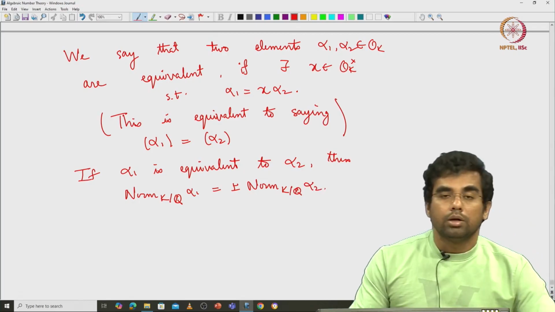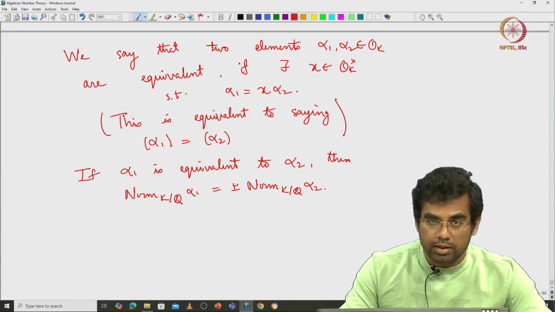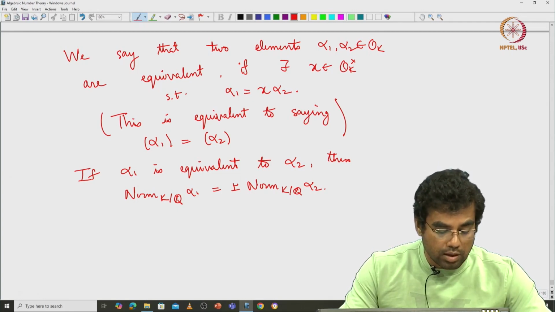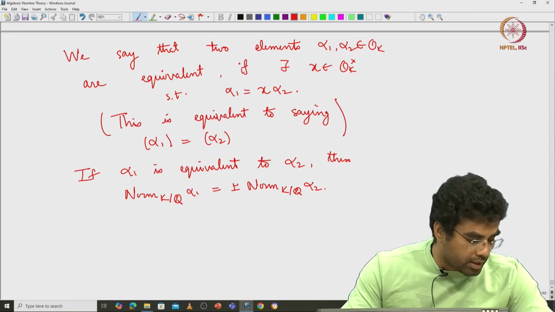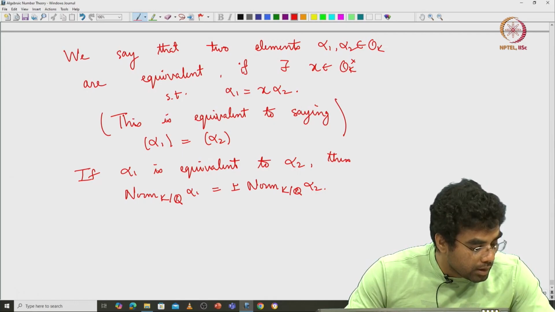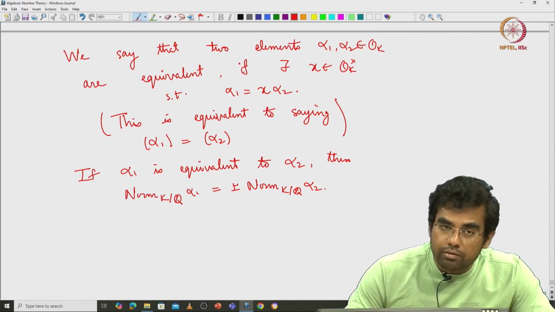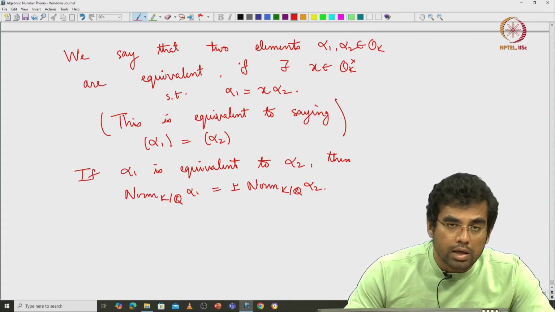That is because the ratio of their norms is equal to the norm of x, and the norm of x, on account of x being a unit, is plus or minus 1.